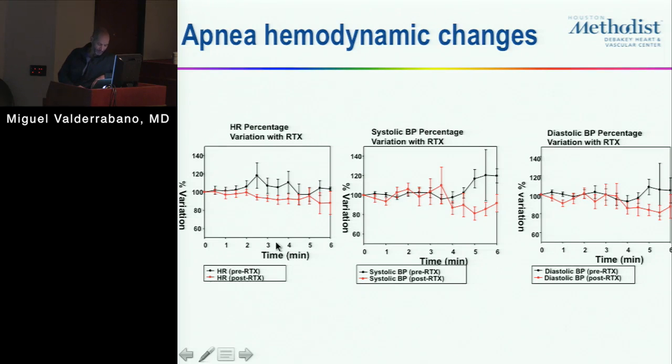And we did long apneas because we only have 100% FiO2, so the dog is ventilated with 100% FiO2. The PO2 is in the 400s. To get the dog to desaturate, it takes a long time of apnea. So 6 minutes. One of the reviewers said this was cardiac respiratory arrest, not apnea. But the bottom line is that the RTX abolished the increased blood pressure and the heart rate changes that occurred during apnea.